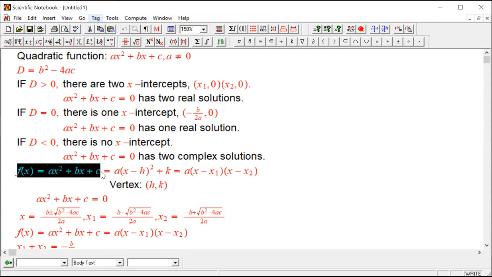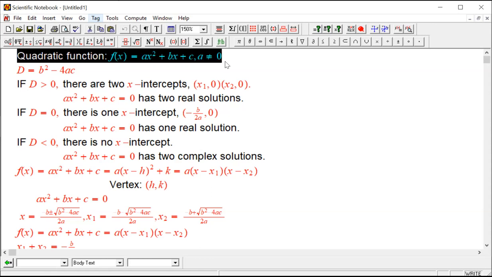So let me put it here. This will be the right context. In terms of quadratic functions, we have covered this in multiple places in recent weeks, and this was a review.